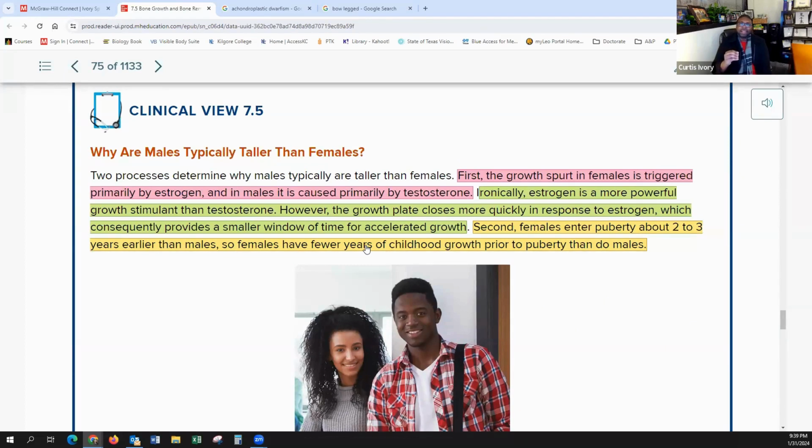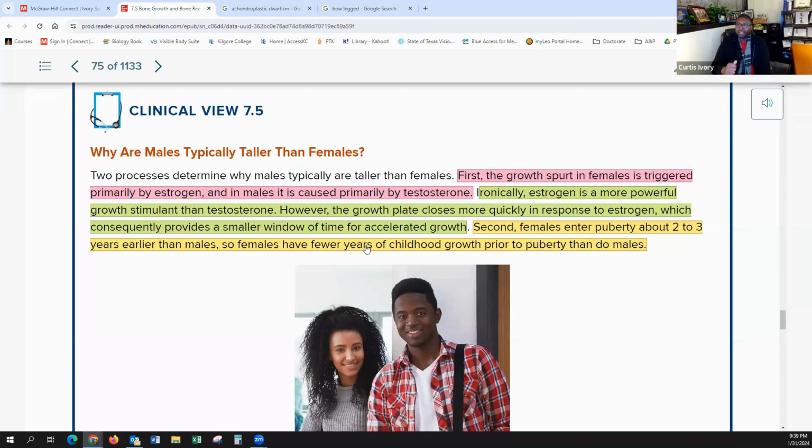Now, estrogen actually stimulates the bones and makes them work really fast. It makes them grow a lot faster. At the same time, estrogen is going to make those epiphyseal plates close faster, though. So it kind of counteracts it. It makes the bone grow faster, but also makes it stop growing faster.